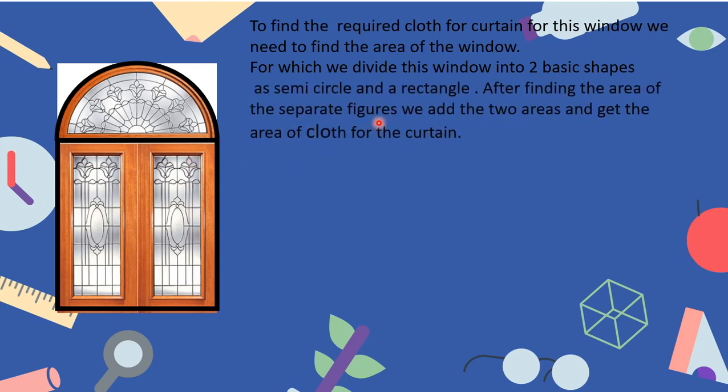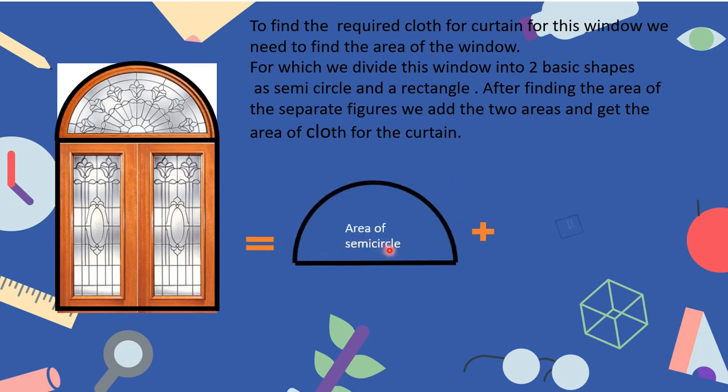We have to find the area of both basic shapes separately, and then add the areas of the two shapes to get the required area of the curtain. So we can say the area of the curtain of this window equals the area of this semicircle plus the area of the rectangle.